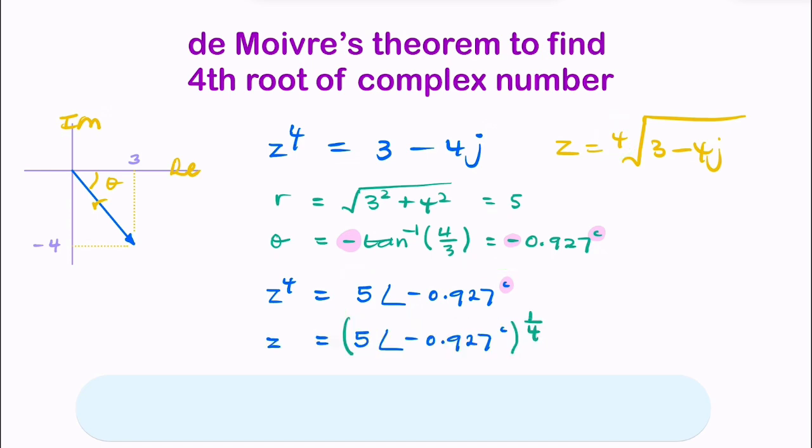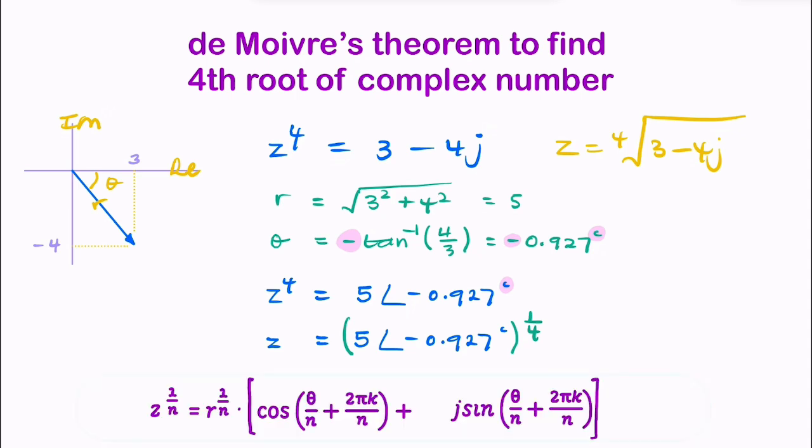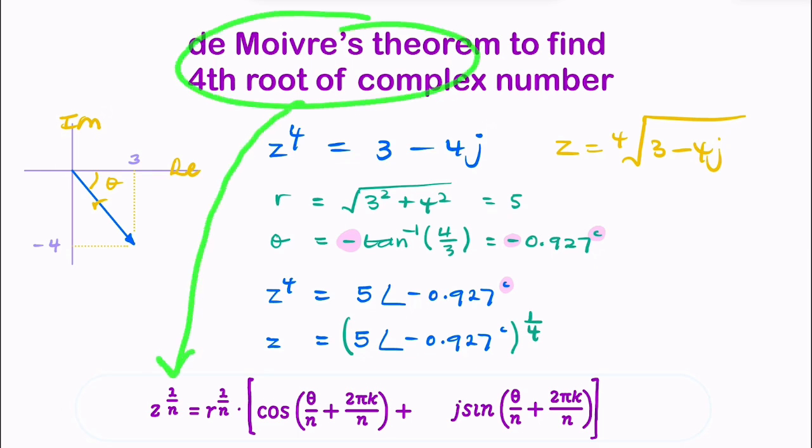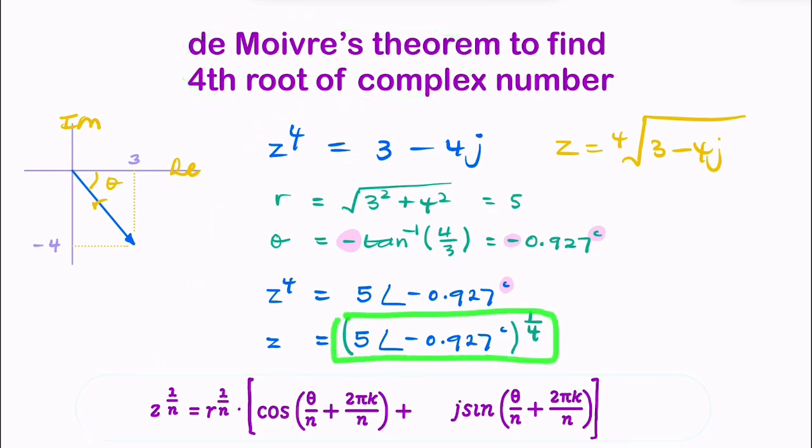So we can rewrite z, what we want is the fourth root of this. In other words, what we're trying to do is apply de Moivre's theorem, which is this, to this.